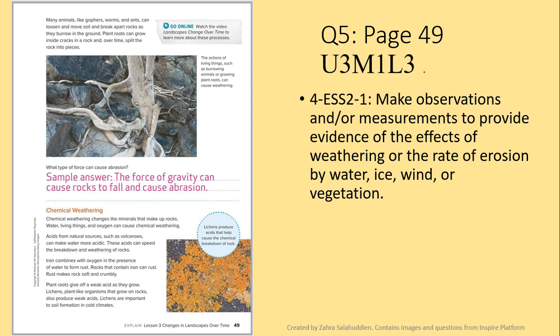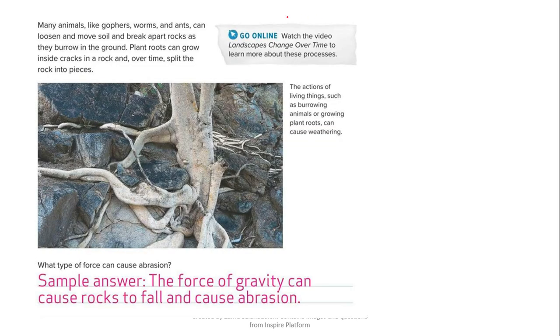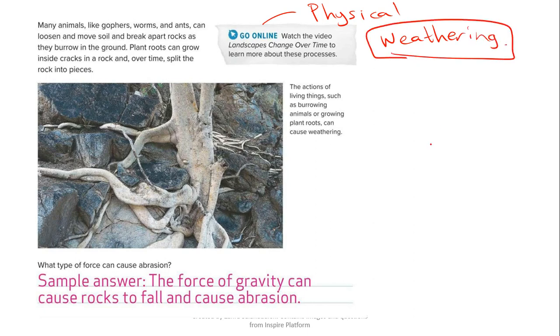Right, now let's move on to page 49. This page speaks about two things: physical weathering and chemical weathering. So let's remember, what is weathering? Weathering breaks it, erosion takes it, deposition drops it.